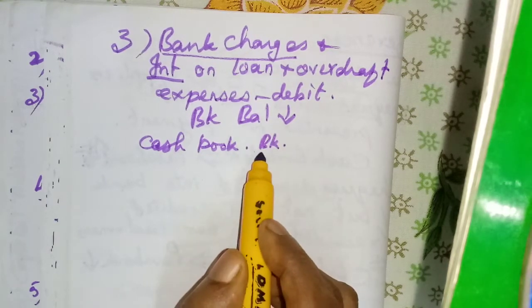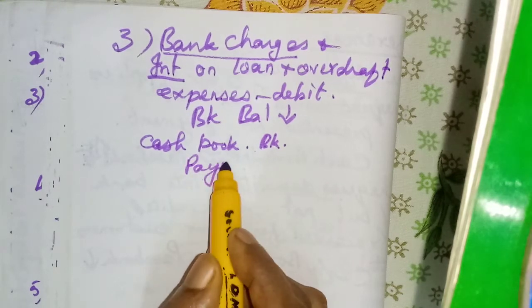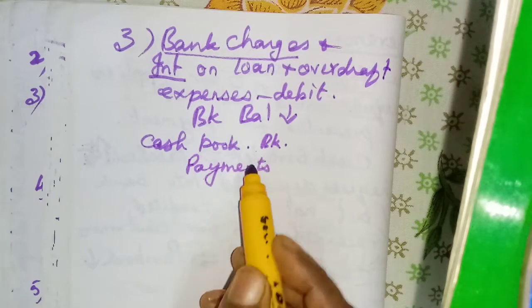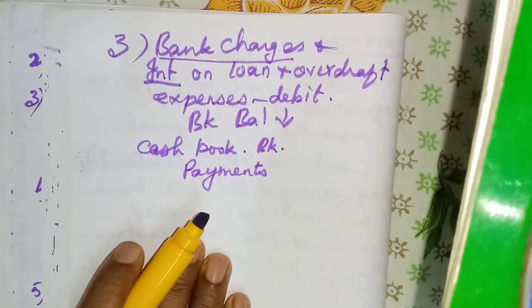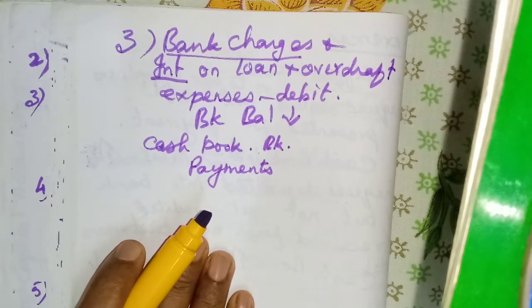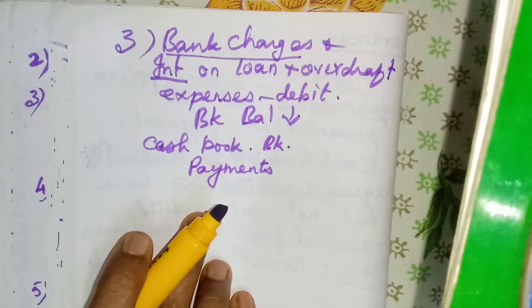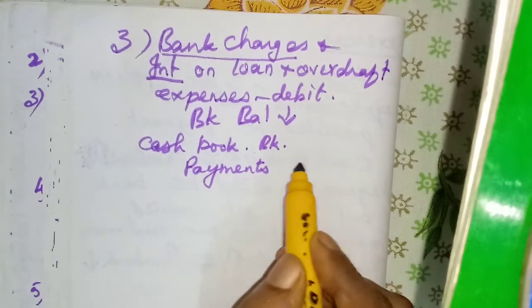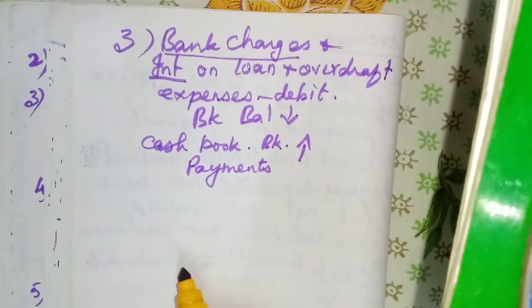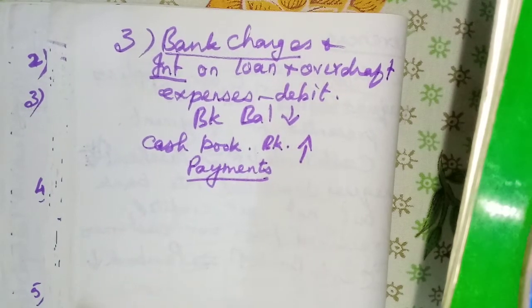When will we show this one at the side of payment, isn't it? In the payment side, credit side, when we receive the bank statement from the bank, only at that time we can enter this bank charges. So in the cash book we will have higher balance, because we have not entered these payments.